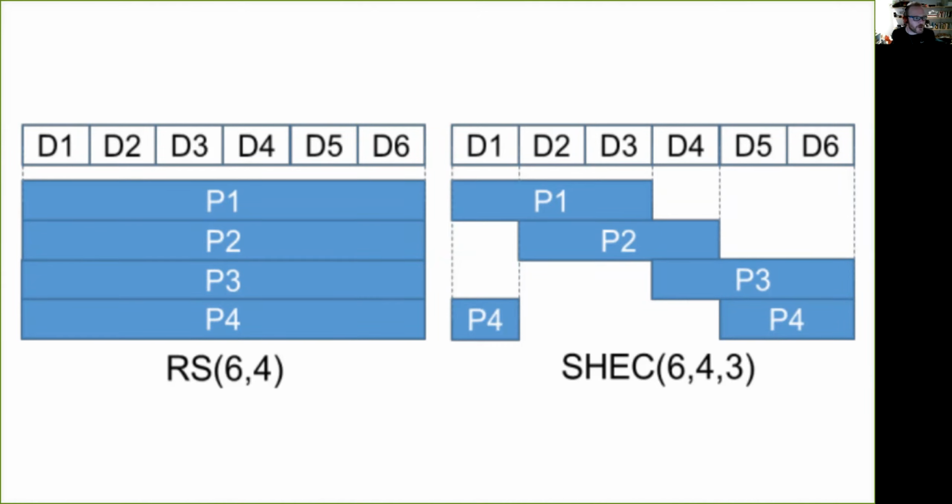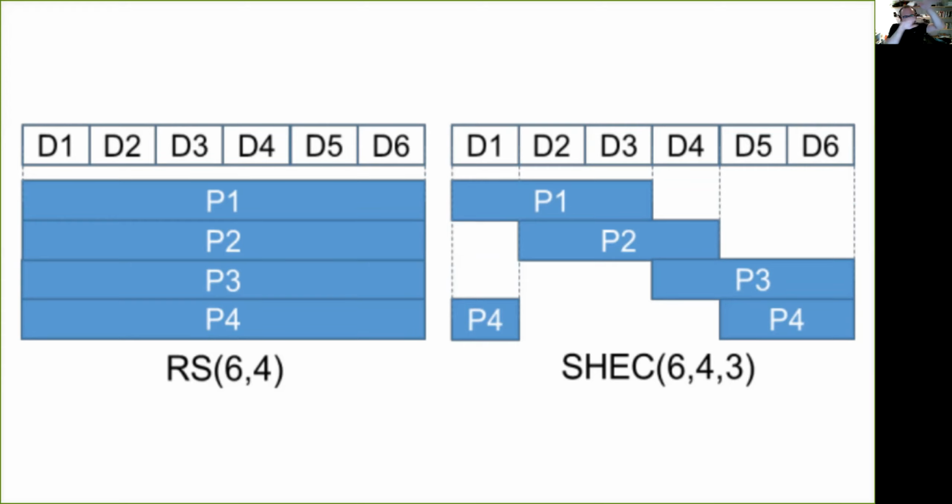SHEC 643 looks like this. For those 3 blocks of data, D1, D2, D3, we write 1 parity. So we have to carve it up, but you see that the offsets are different. We've got P1 there is offset by 1 to P2, but then it's offset by 2 to P3. So you've got an extra, the interleaving can be more flexible.